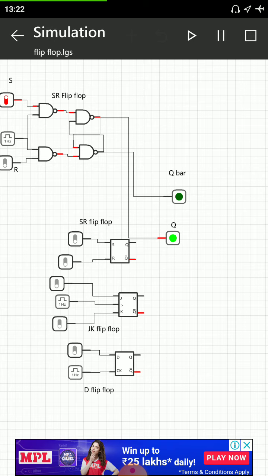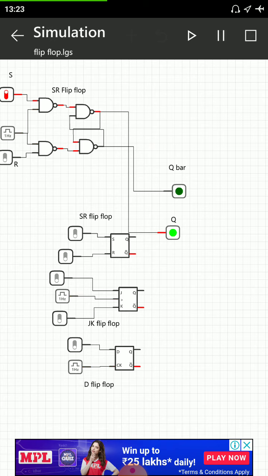Just observe the NAND gate just next to the S switch. You can see a red indication there, that is presence of your clock. When clock is there, output of the first NAND gate is high, and simultaneously this is the input to the next NAND gate.